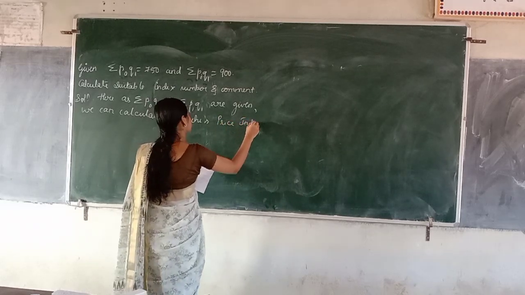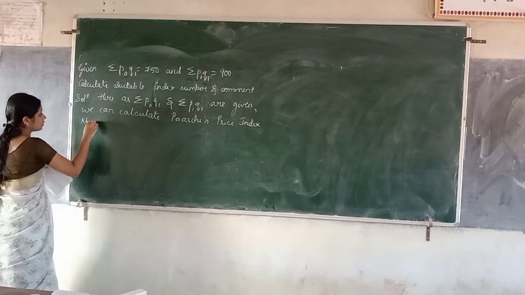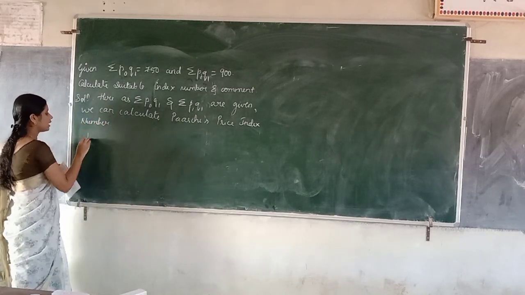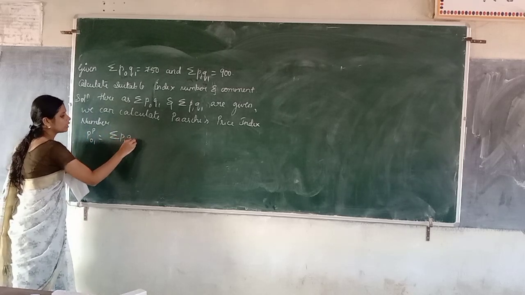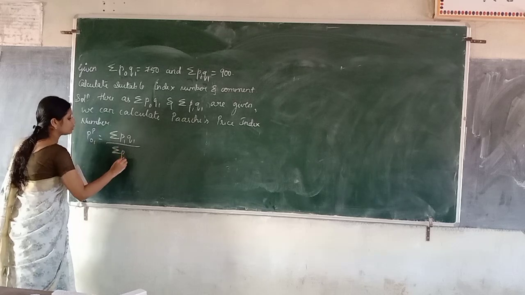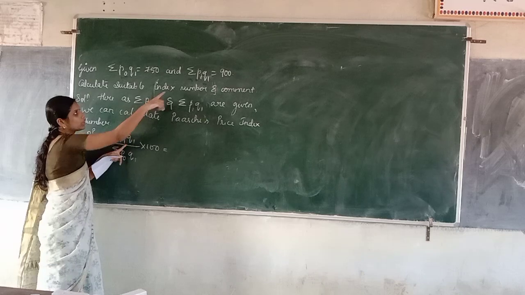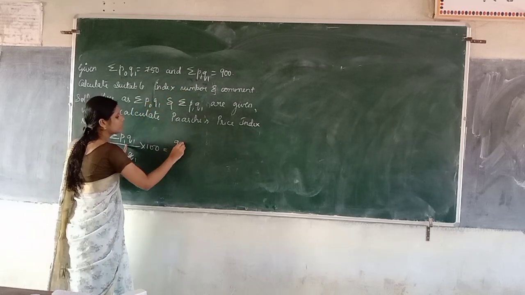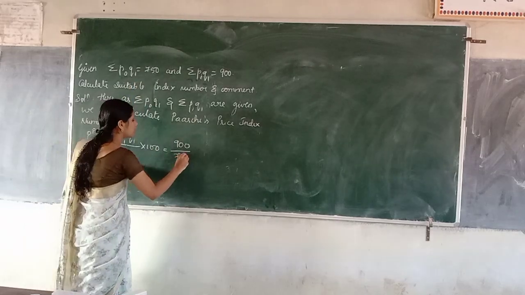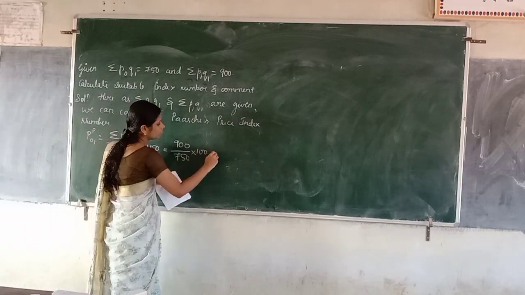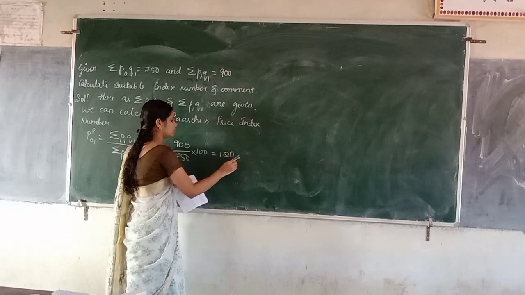Past year's price index number formula is P01 is equal to summation of P1 Q1 divided by summation of P0 Q1 into 100. So summation of P1 Q1 is 900 divided by summation of P0 Q1 is 750 into 100. So when you divide it and multiply it with 100, the answer comes to 120%.